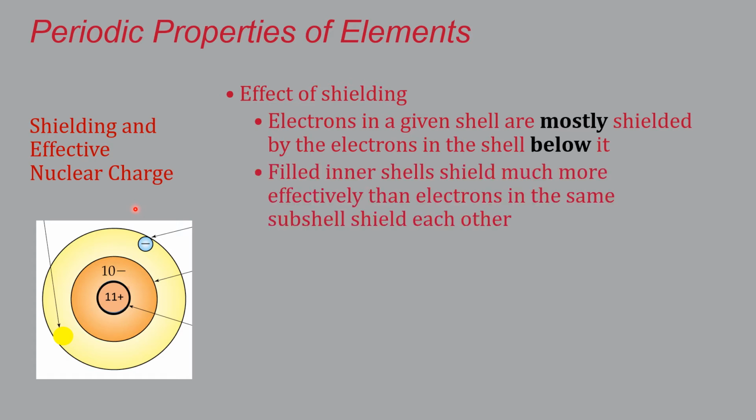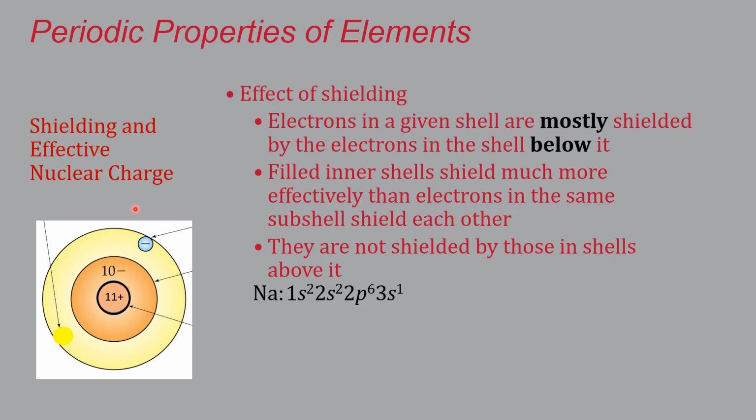And when you've got a filled inner shell, one that's completely filled, those shield much more effectively than electrons in the same subshell will shield each other. And obviously any one electron is not going to be shielded by any electron in a shell above it, that would be an electron that is further out.